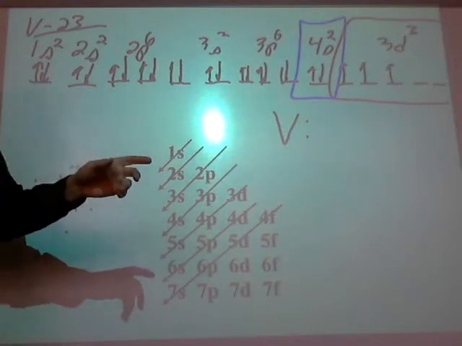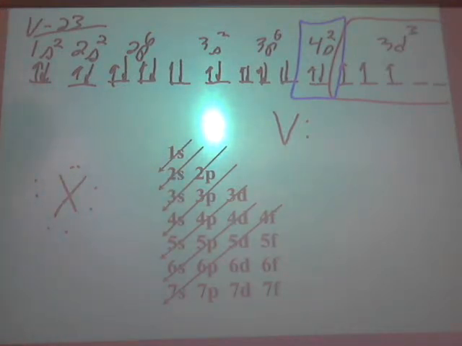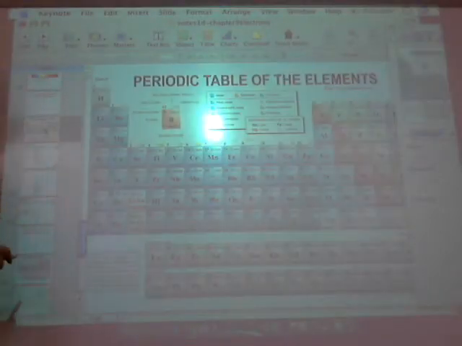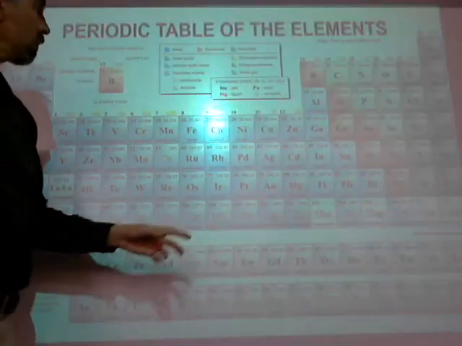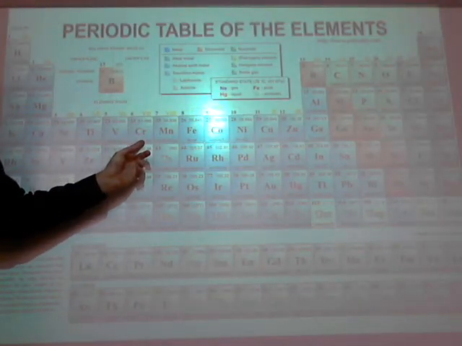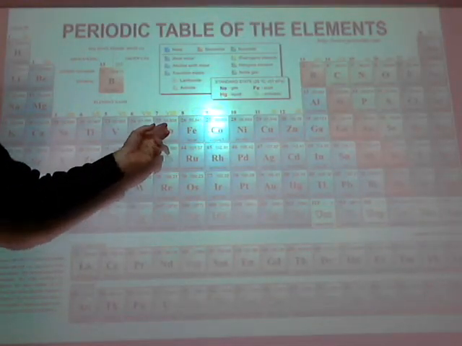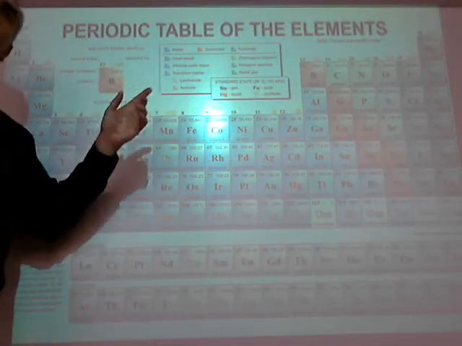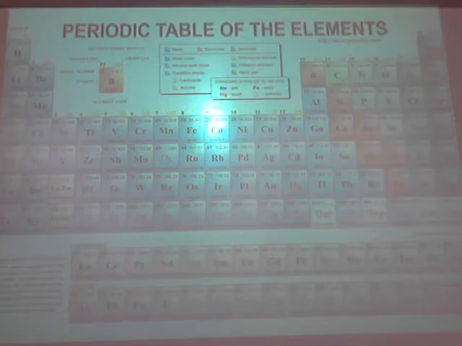Watch what happens. Let's do the next guy after vanadium. Let me just show you a periodic table again here. The guy after vanadium is chromium, right? He's got 24 electrons. Or manganese, 25, iron, 26, cobalt, 27. Let's see, can we do those guys? Sure, watch.